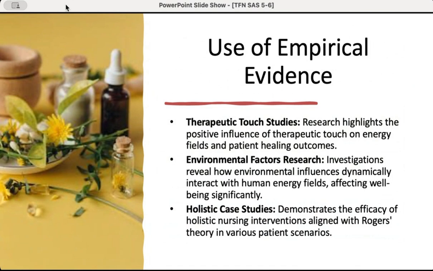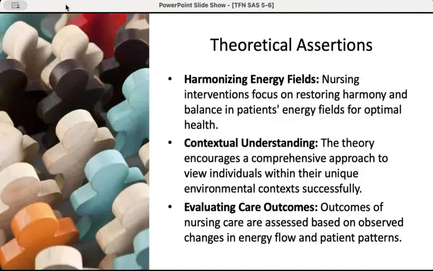We also have environmental factor research. Investigations reveal how environmental influence dynamically interacts with the human energy field, affecting well-being significantly. And we talk about holistic case studies, which demonstrate the efficacy of holistic nursing intervention aligned with Rogers' theory in various patient scenarios. In terms of assertion, we have harmonizing energy fields.